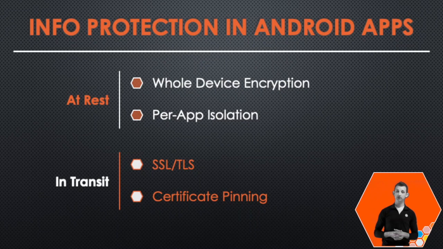For data protection in transit, we generally see this implemented using TLS to encrypt the traffic. And increasingly, we see the use of certificate pinning to require a very specific certificate to be presented to the mobile app by the back-end server. And at a high level, the way certificate pinning works is that the app has the public key of the cert that it expects to receive from the back-end API.